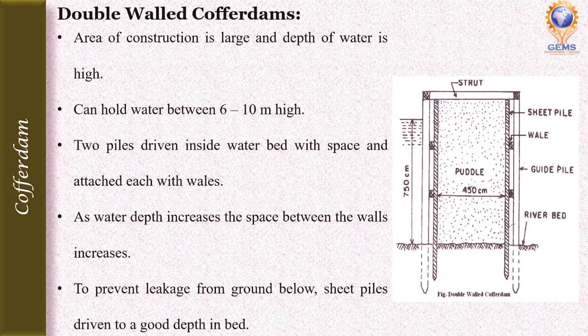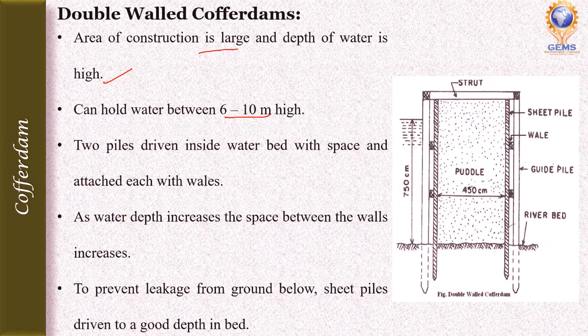The final type of cofferdam is the double-walled cofferdam. We use this when the area of construction is large and the depth of water is high. Usually these types of cofferdams can hold water up to 6 to 10 meters high.